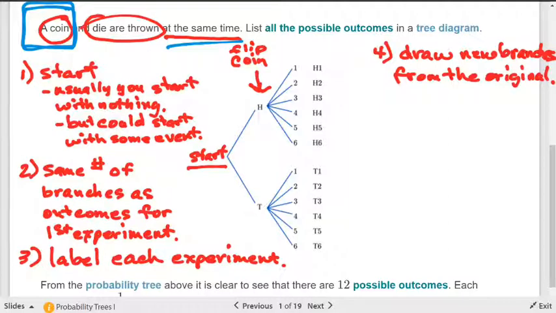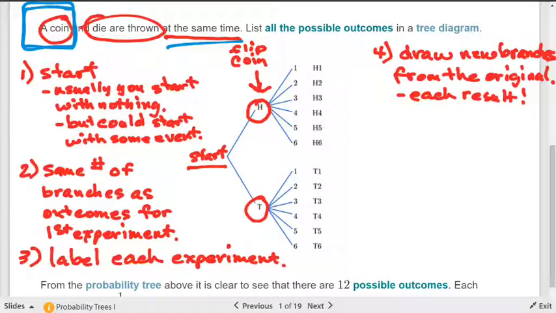You're just going to be branching off of the one you started with. Okay? So from each result. So, for example, here, I could get a heads or I could get a tails. And from each one of those results, I'm going to get a new set of branching.